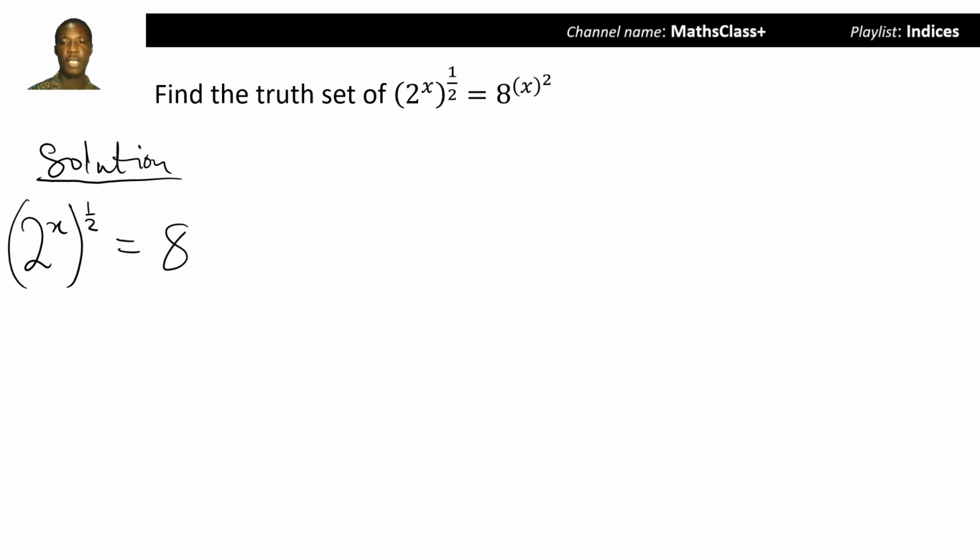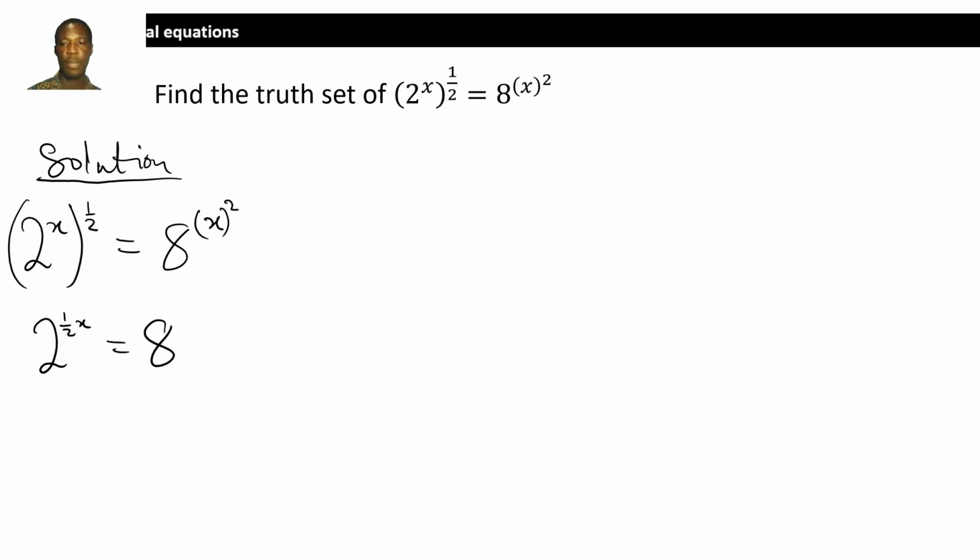This is equal to 8 to the power x squared. So let me open all the brackets, and that will give me 2 to the power half x is equal to 8 to the power x squared.